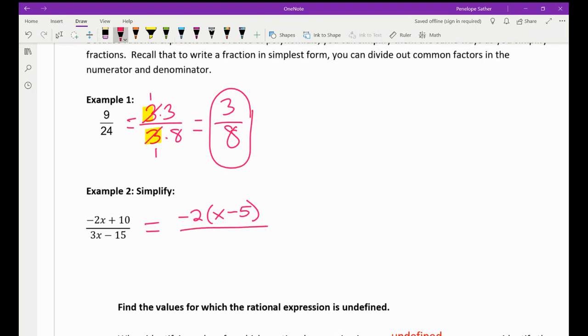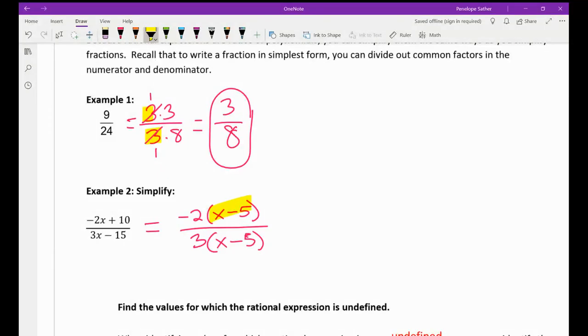Then what we want to do is factor the denominator. If I look at 3x and negative 15, I can divide both of those terms by 3. 3x divided by 3 is x, and negative 15 divided by 3 is negative 5. Now we look for things that are the same. It could be simply the numbers out front. In this case, negative 2 and 3 are not the same.